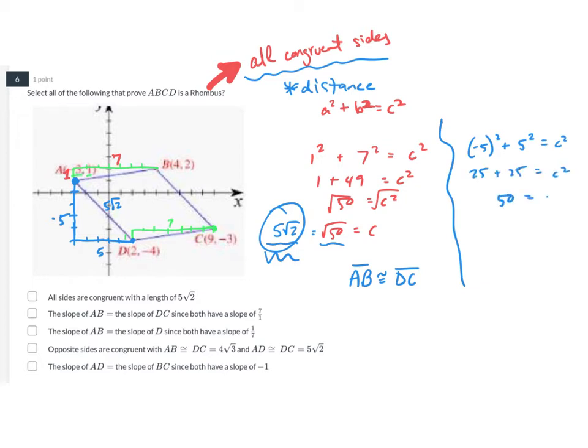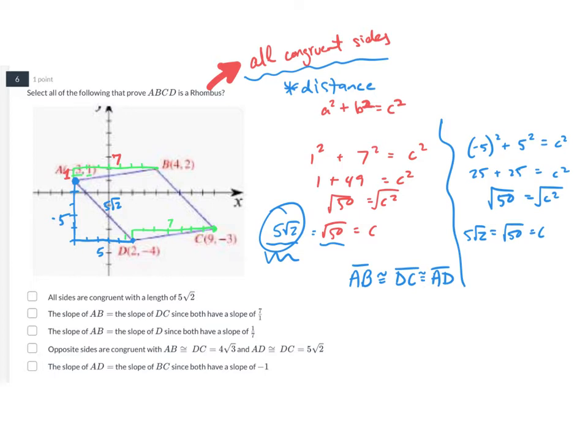That's 50 equals c squared, square root both sides, and c equals the square root of 50, which we could simplify to be 5 square root of 2. So you do see that this side, which is called AD, is congruent to those guys as well. So everybody is square root of 50. Everybody is 5 times square root of 2.